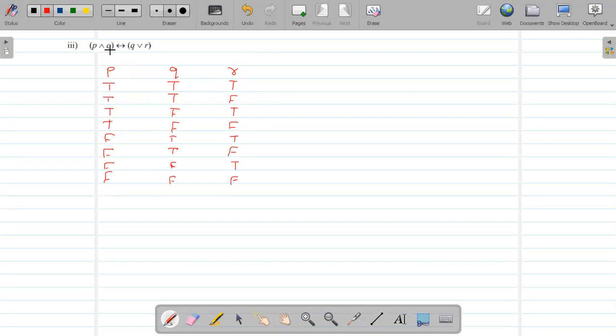Now let us start one by one with the brackets. First, we will write this bracket and then the second bracket. The first bracket is P and Q. What happens in the case of conjunction? If anyone is false, then the output is always false. So true, true: true. True, true: true. True, false: false. True, false: false.